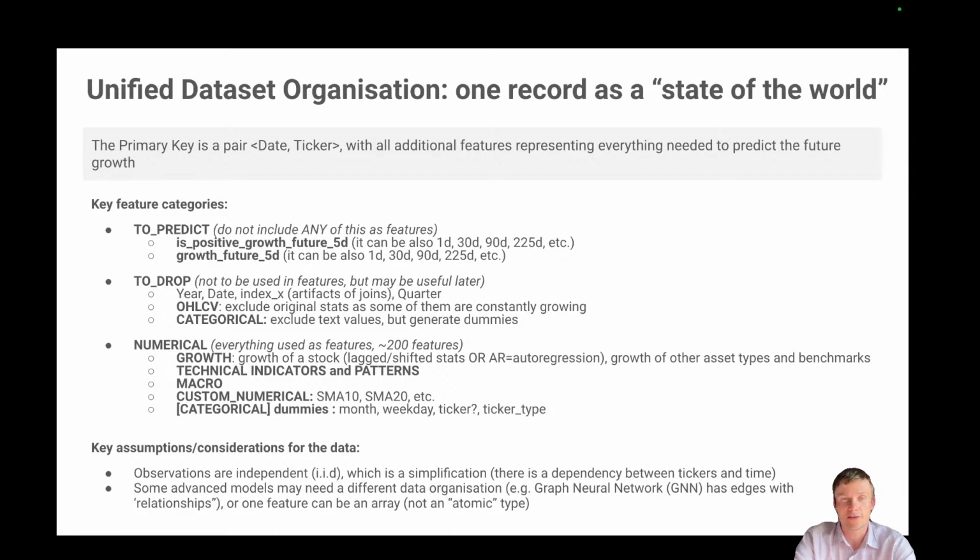Then the next category is to drop. It can be many features which you might leave in the data frame, like year, date, index underscore x, which is an artifact from some joint, quarter, even original open, high, low, close, volume features.